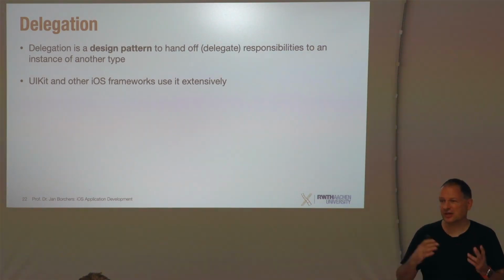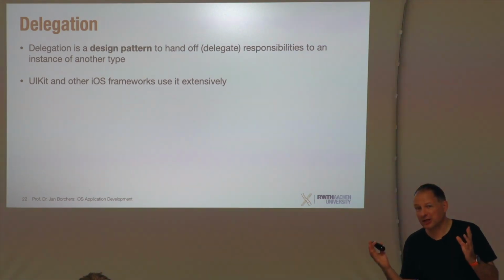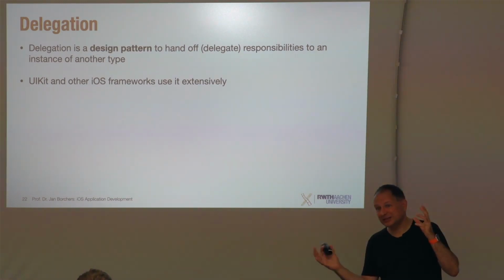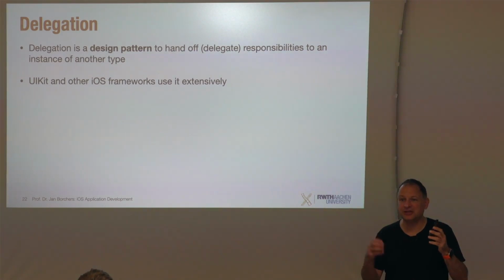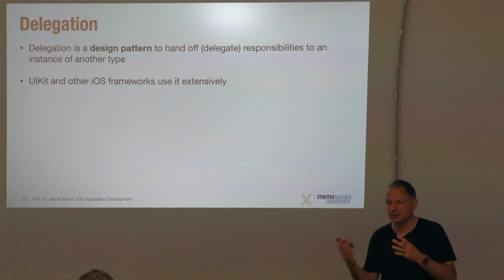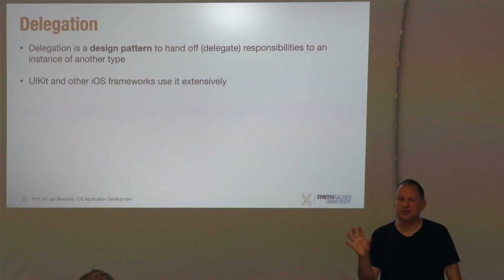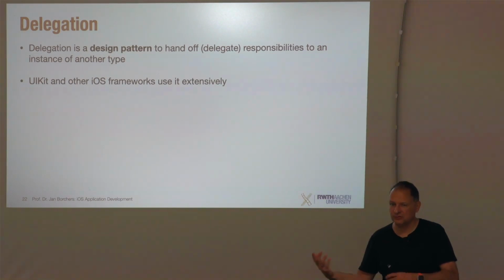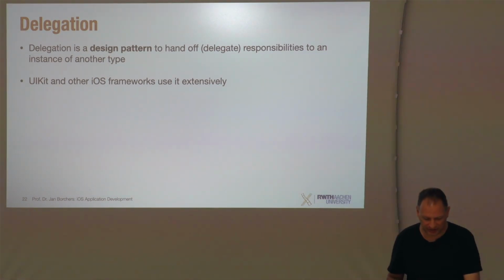Now you might say, why is this coming right after protocols? Well, surprise, surprise. The way that this negotiation of, hey, do you want to be my delegate? How that happens is by the delegate fulfilling a protocol. Right? And so the protocol usually encodes exactly the requirements that the delegate needs to fulfill to be the delegate for that other type.